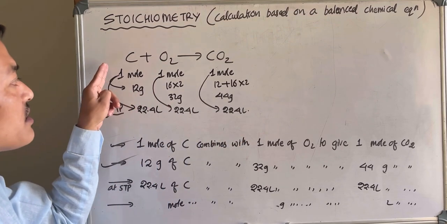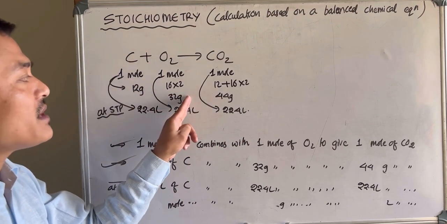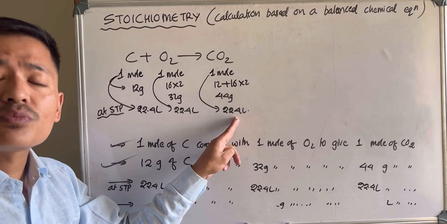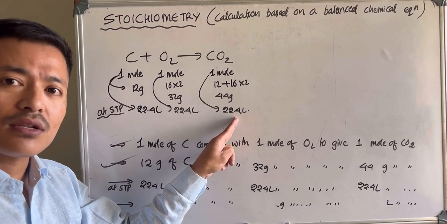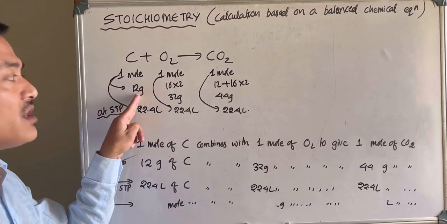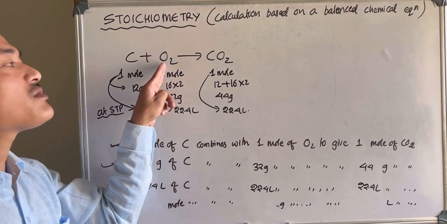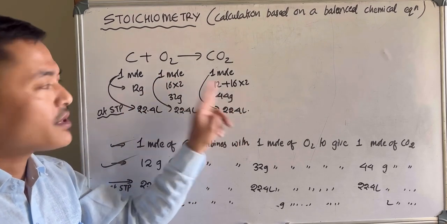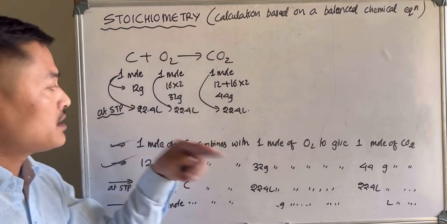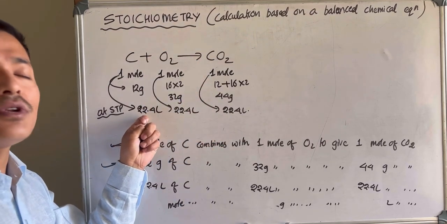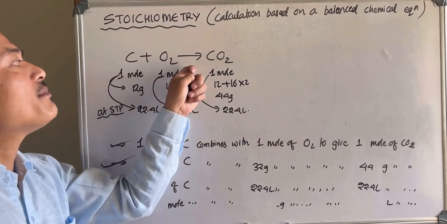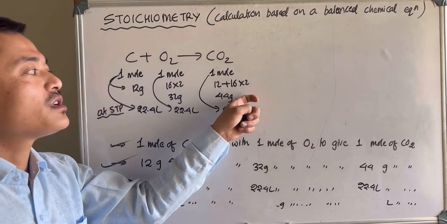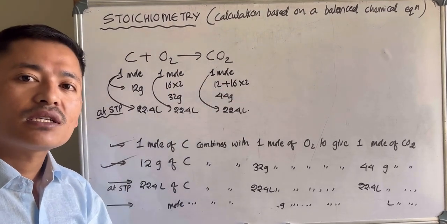You can even say 1 mole of carbon will combine with 32 gram of oxygen to give 22.4 liters of carbon dioxide. Or you can say 12 gram of carbon combines with 1 mole of oxygen to give 44 gram of carbon dioxide, because they ultimately mean the same thing. You can even say 22.4 liters of carbon will combine with 1 mole of oxygen to give 44 gram of carbon dioxide.